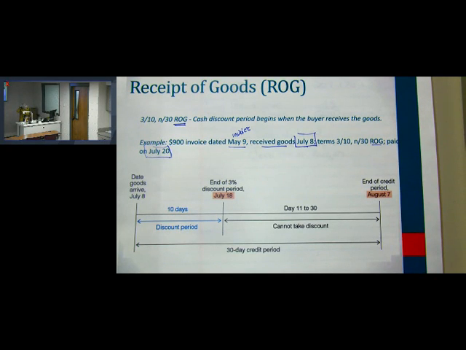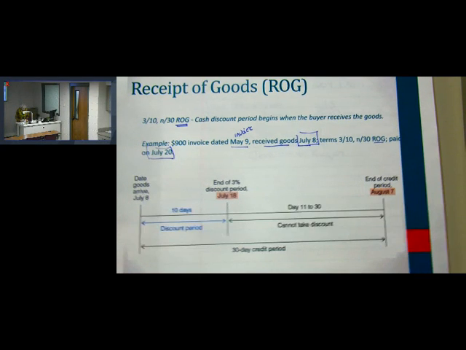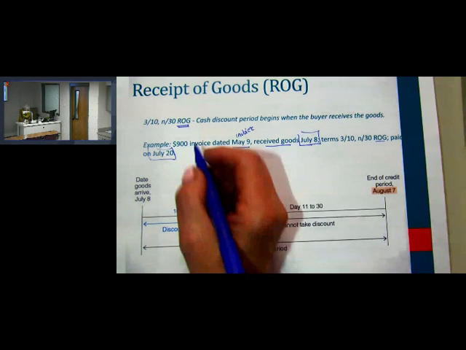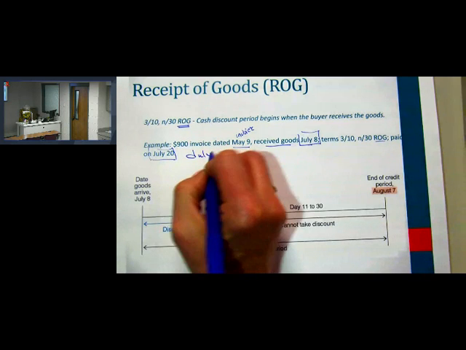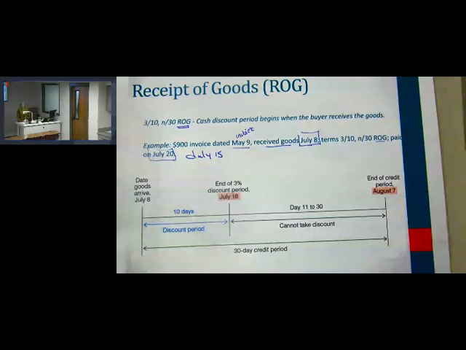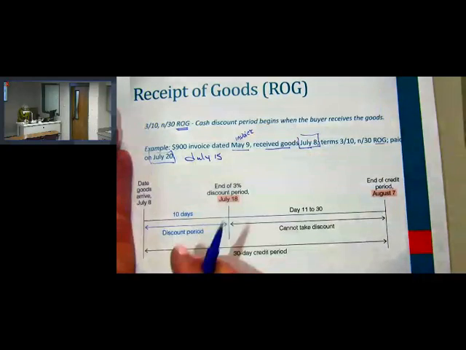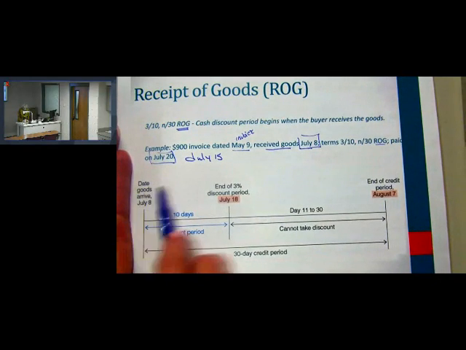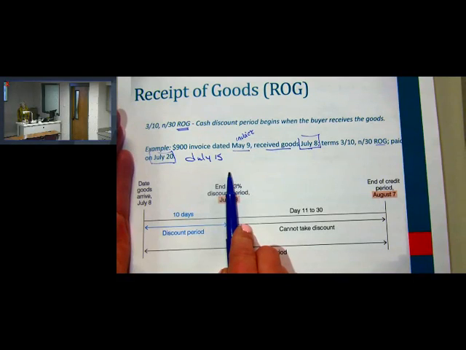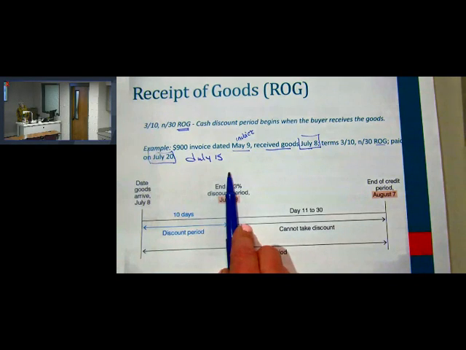Let's do one other thing here just to make sure we're clear on this. Let's say that they make a payment on July 15th. All right? Again, that July 15th is within 10 days of the receipt of goods date. They are within the discount period. So they are going to get the 3% discount if this is the case.